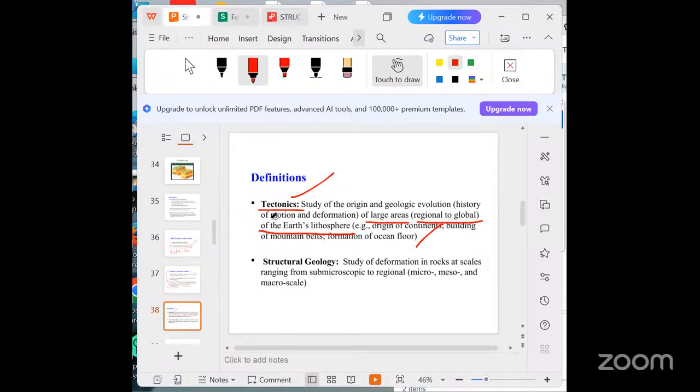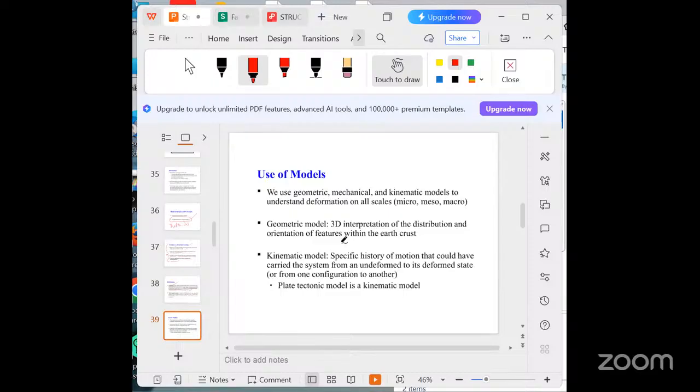So this is tectonics. Now, structural geology means the study of deformation in rocks at scales ranging from submicroscopic to regional, that is, micro, meso and macro scales, right? These are the definitions.